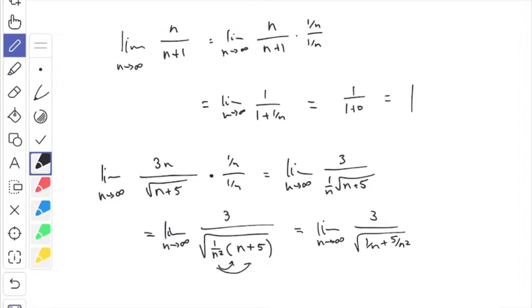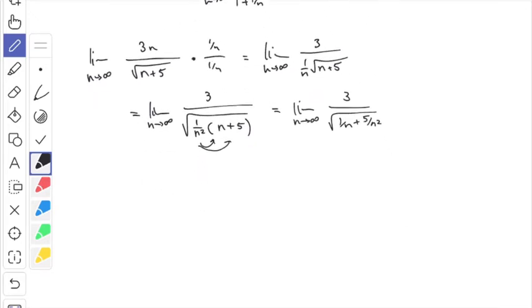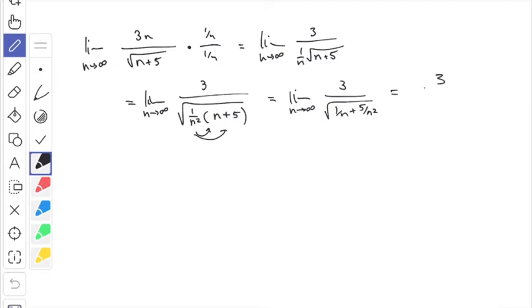Now all of my terms involving n's have n's in the bottoms, so those two terms downstairs are going to become zeros, because when n becomes infinite, 1 over n becomes like 0, because its denominator is becoming infinite, and also 5 over n squared becomes like 0. So from here, this becomes 3 over the square root of 0 plus 0.